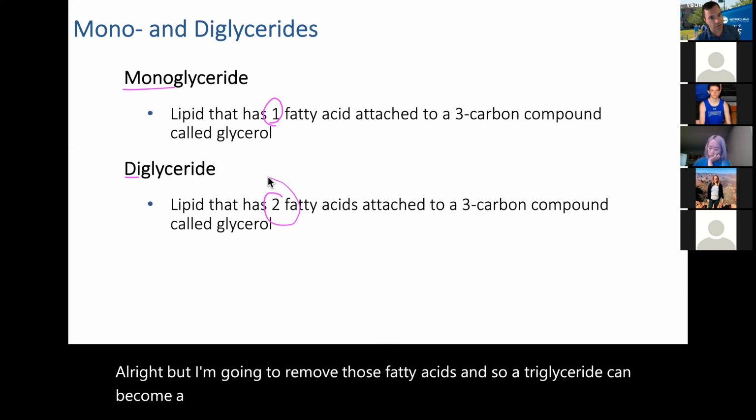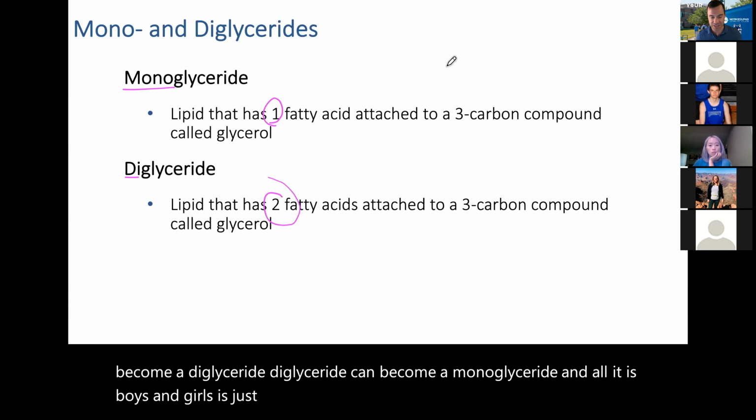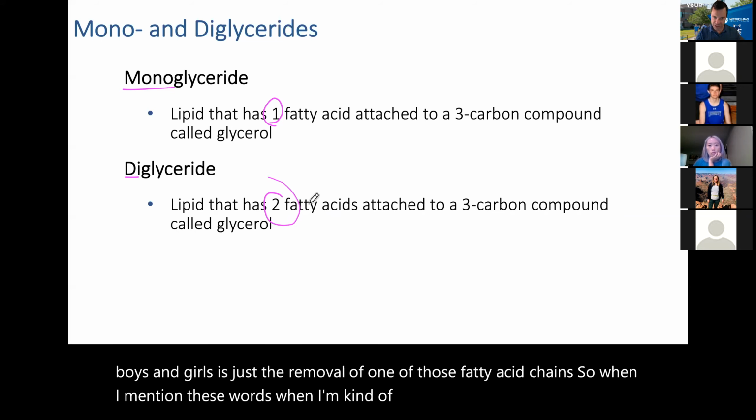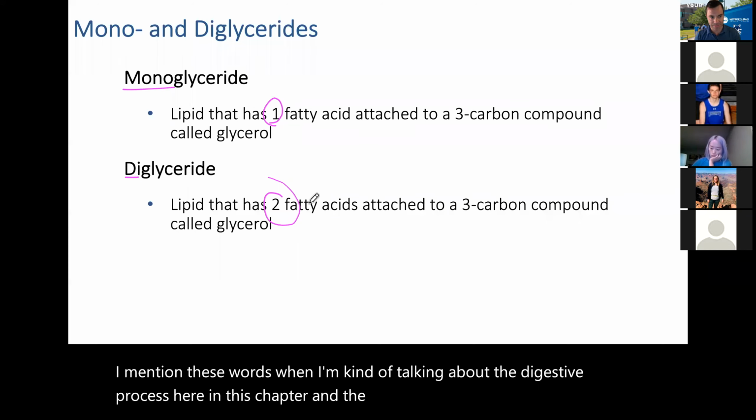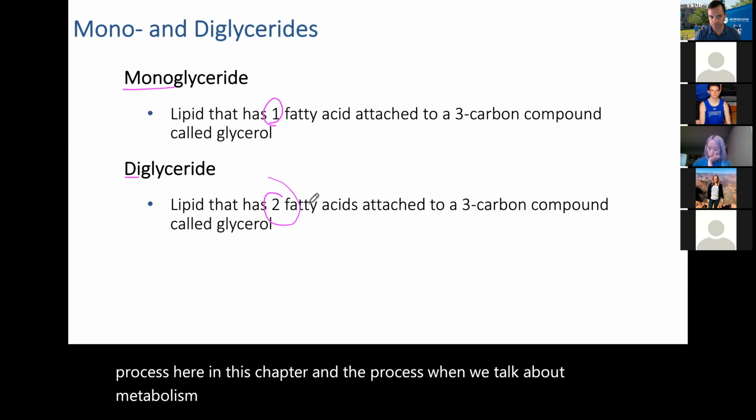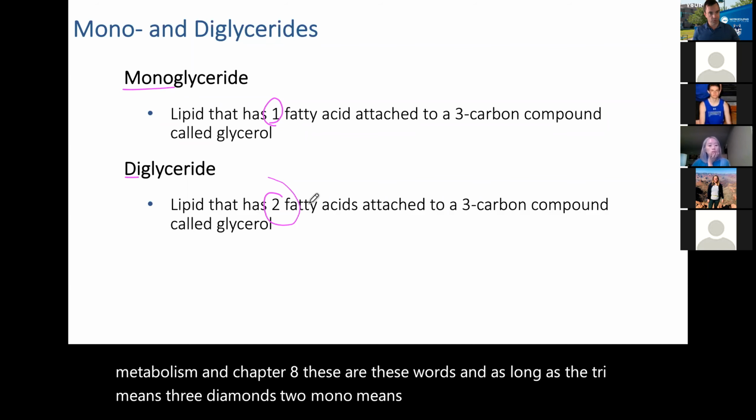Diglyceride can become a monoglyceride. And all it is, boys and girls, is just the removal of one of those fatty acid chains, okay? So when I mention these words, when I'm talking about the digestive process in this chapter and the process when we talk about metabolism in chapter 8, these are these words, okay? And as long as you know that tri means 3, di means 2, mono means 1, you're going to do fine.